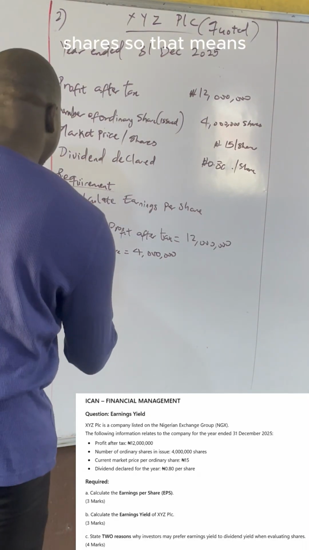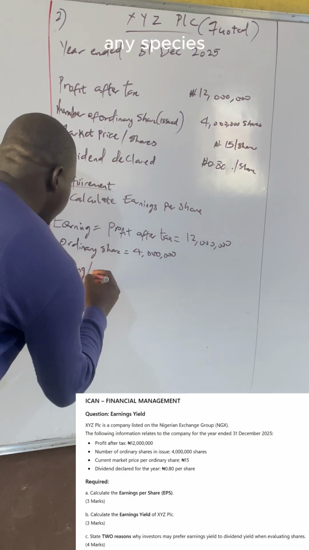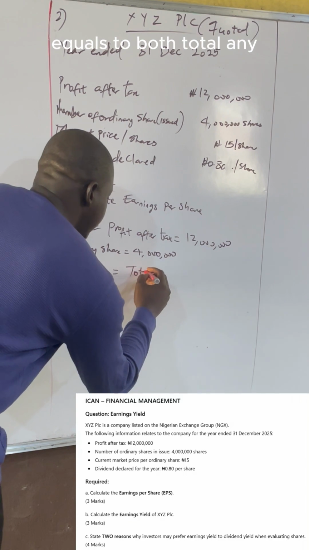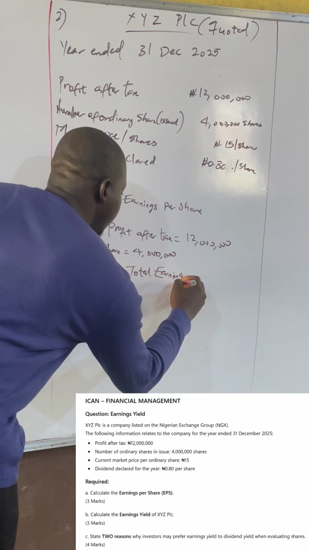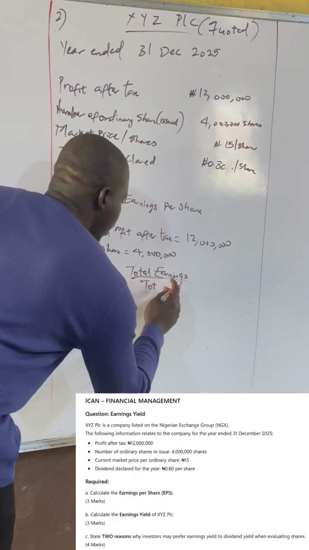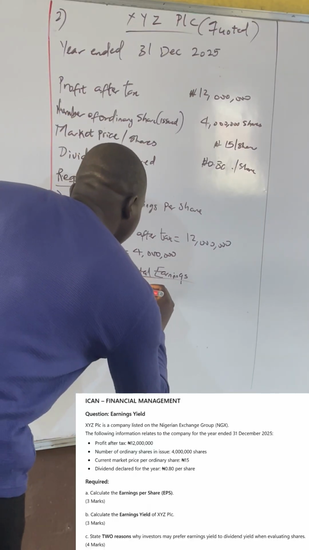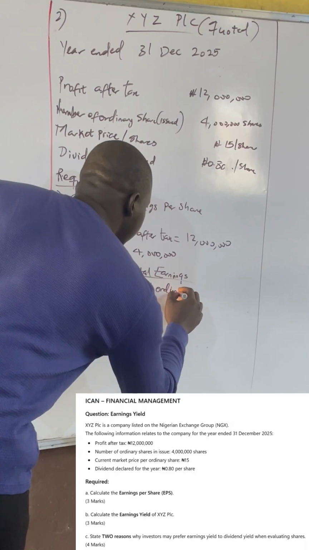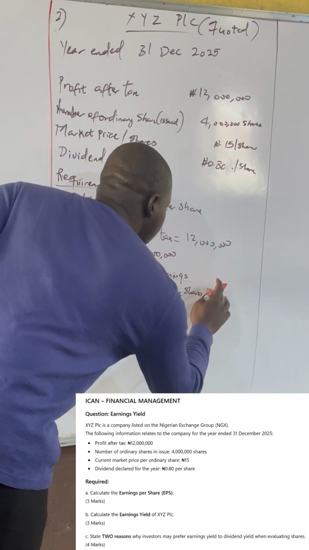So earnings per share equals total earnings over total ordinary shares in issue.